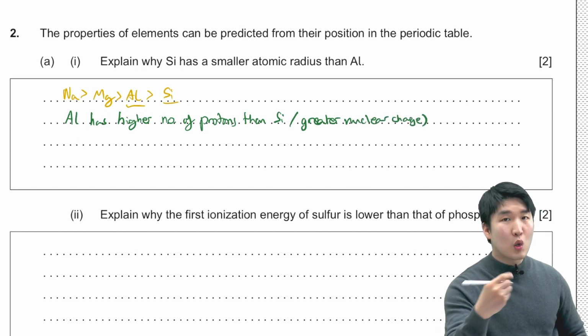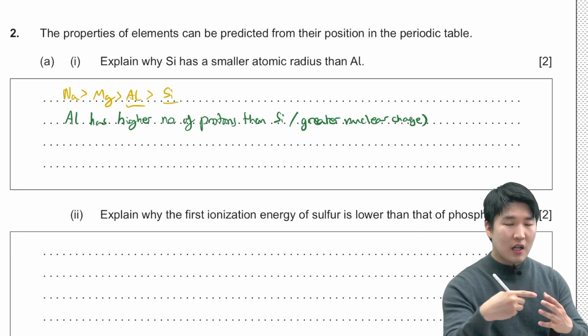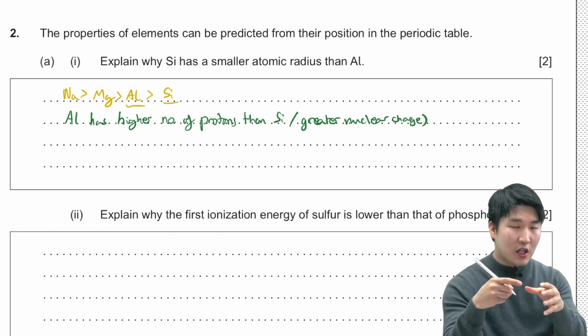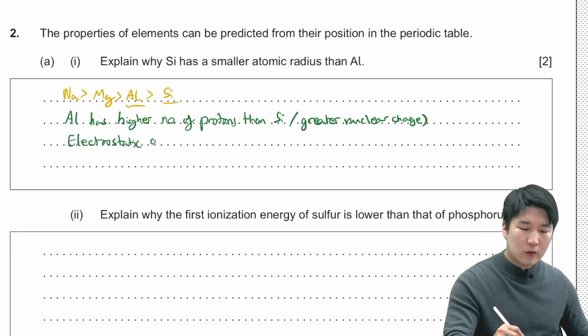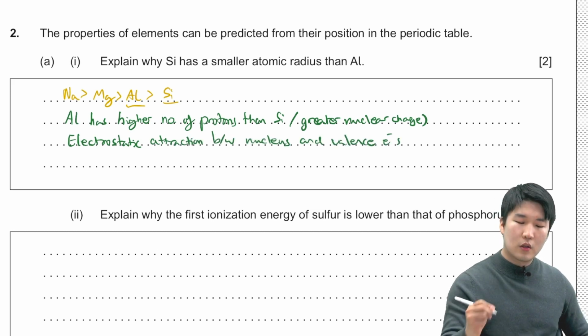The second point will come from acknowledging how there is electrostatic attraction between the nucleus and the valence electron. And this electrostatic attraction increases.